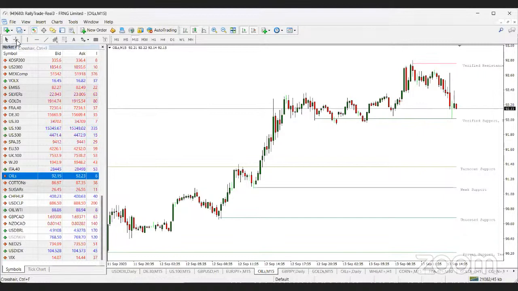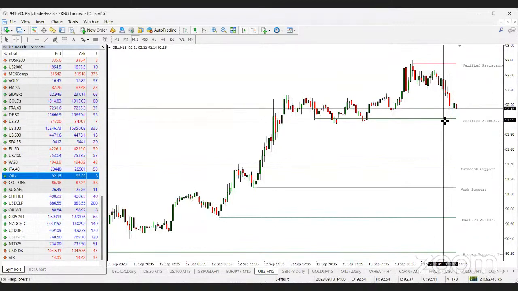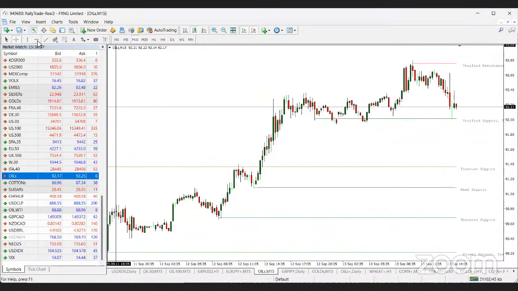So it's a good place for me to actually take advantage of trading oil. If oil sells towards this verified support, that means towards 91.99, you can take a buy from there.